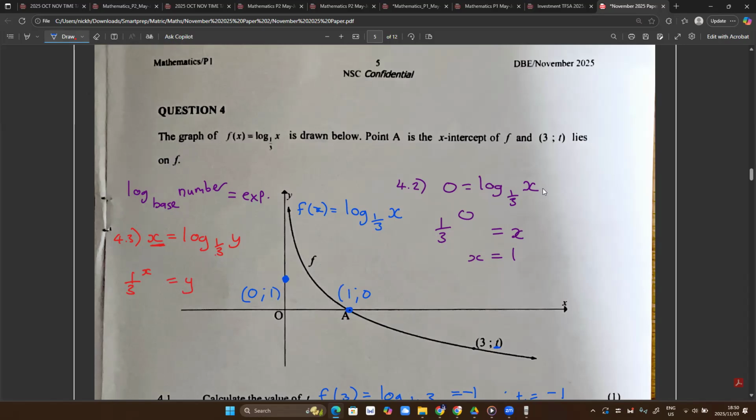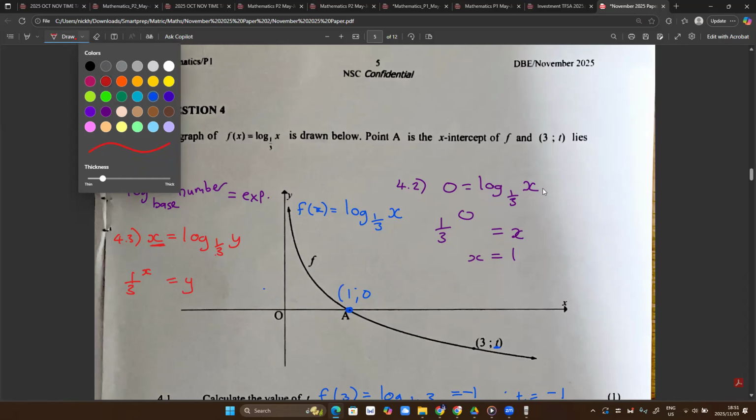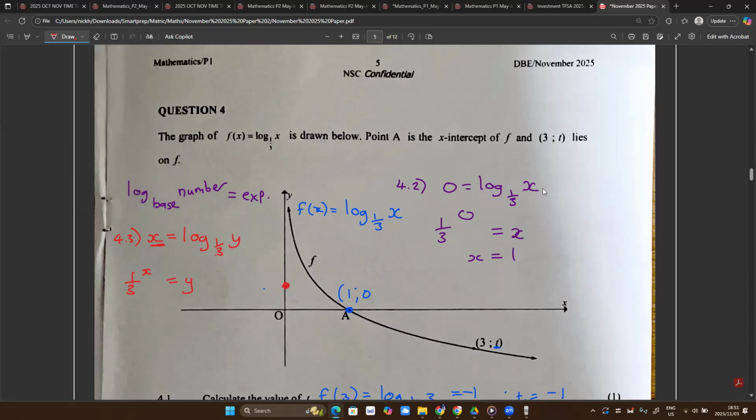We know that you had an asymptote of y equals 0. I should actually be drawing this in red since I did the exponential graph, so the red is going to represent our inverse, and the blue is the log graph. Our inverse is where x and y are swapped.